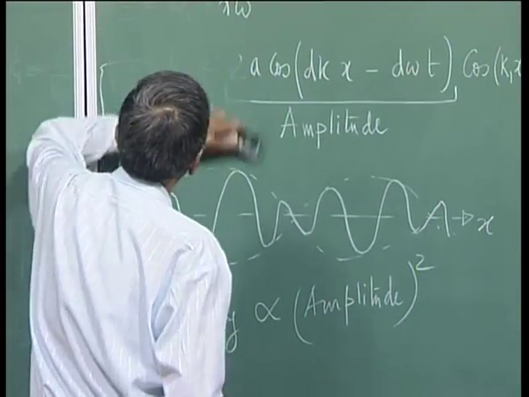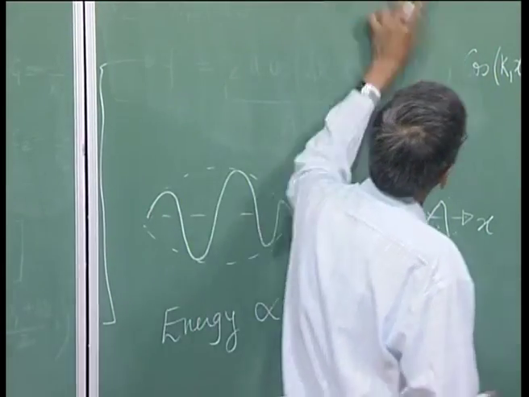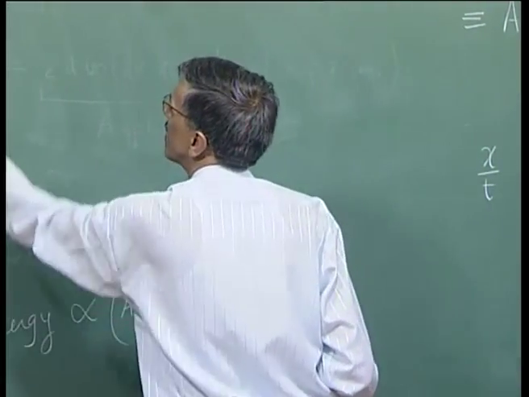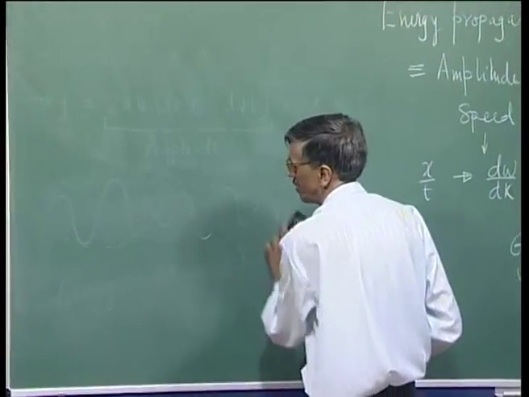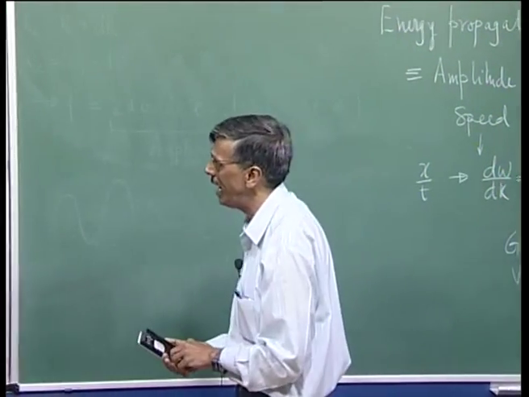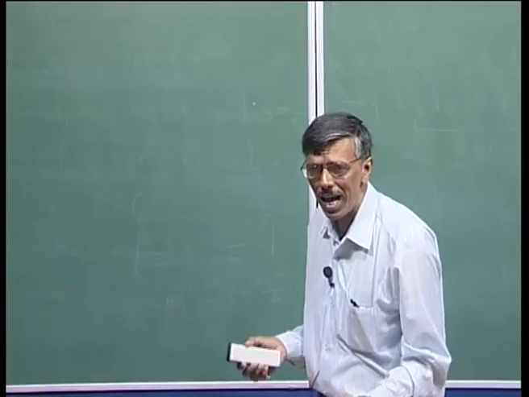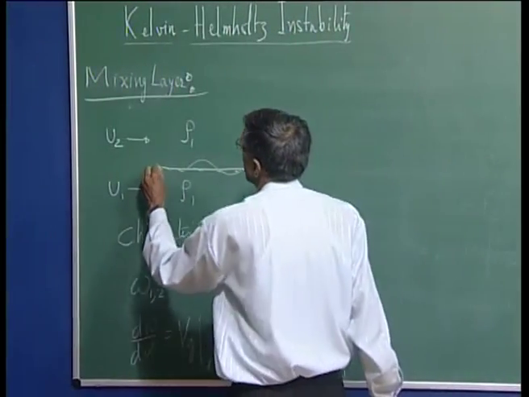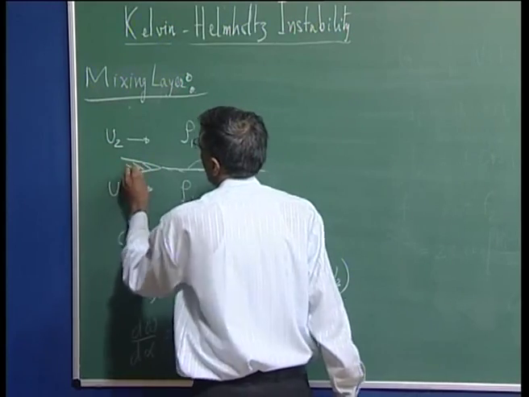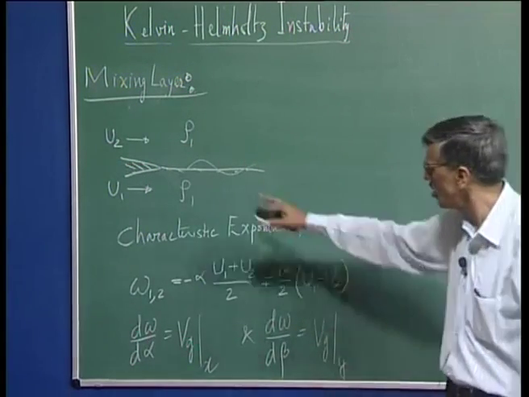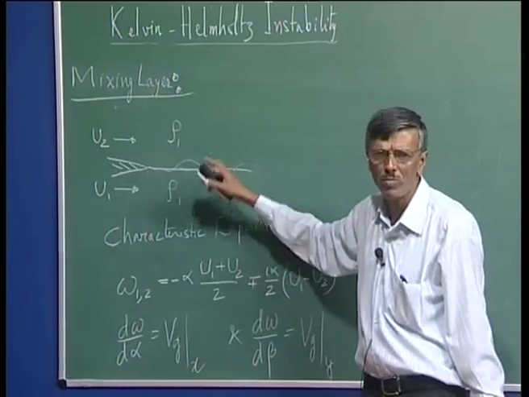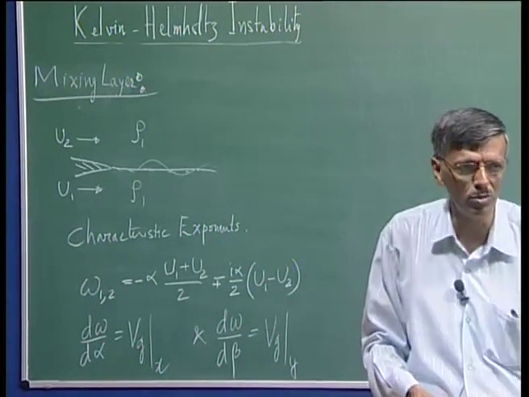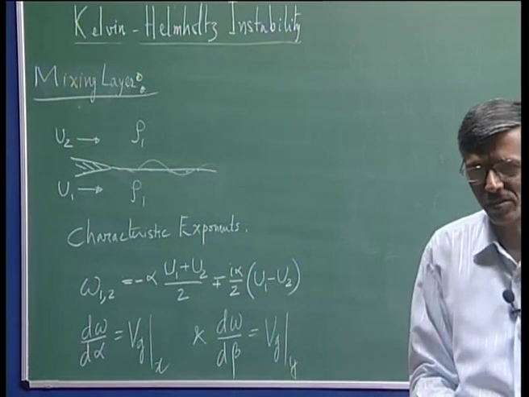So now let's look at the problem where people started looking at a different idea altogether. Okay. Now the idea is what happens in a real flow, unlike what we suggested, that this could be the trailing edge of an aerofoil and we could get this, but you still realize that it would not be uniform flow above and below. It will have some kind of a distribution with the normal direction, right?